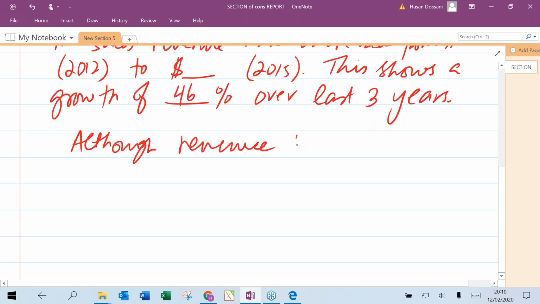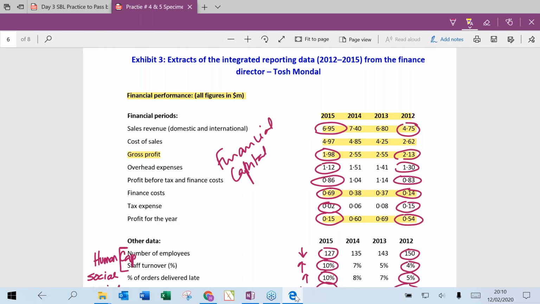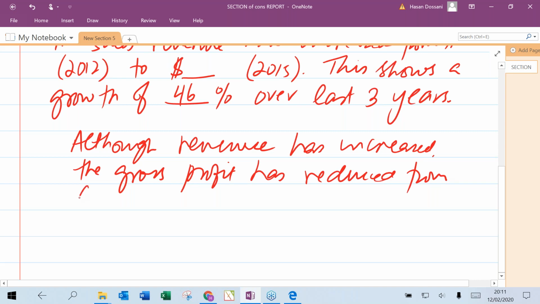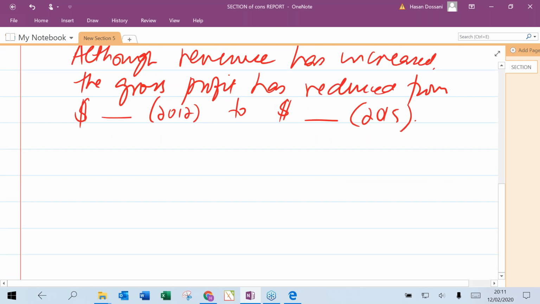Although revenue has increased, the gross profit has reduced from dollar dash in 2012 to dollar dash in 2015. Now we calculate the gross profit margins.